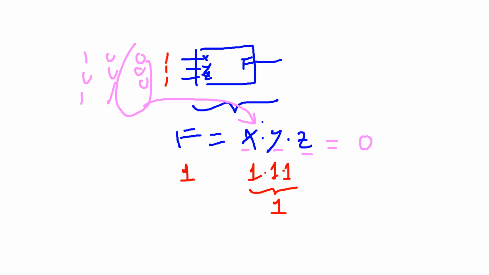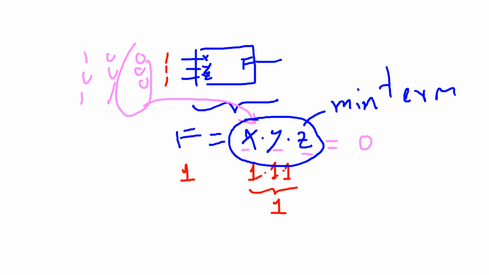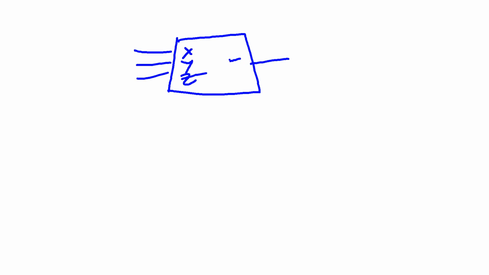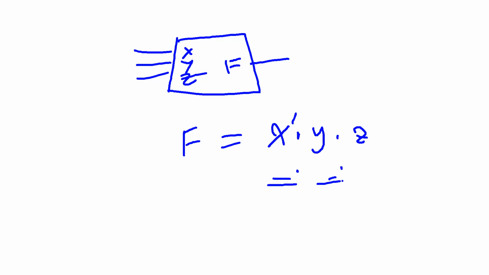So this term is a minterm. A minterm will be only one case of the input. Okay, another example. How about this? X, Y, Z, and output F. If the function is X prime and Y and Z, this function will be 1 in only one case, when the value of each literal is 1.